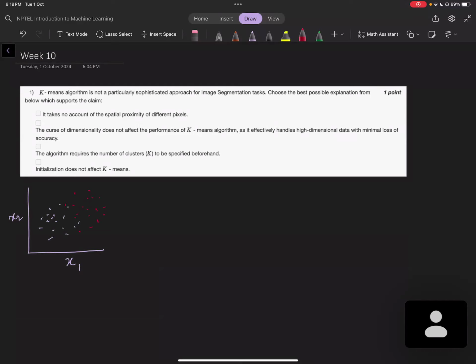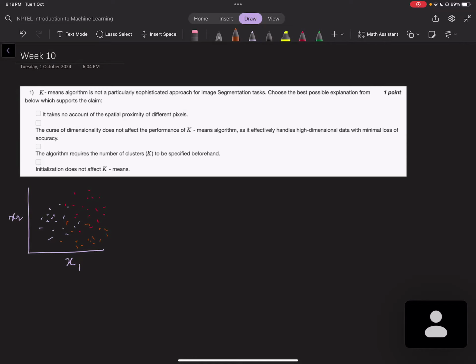These are all x1 and x2 values, and we can plot them like this. What k-means clustering says is that you first have to choose how many clusters there are in this data set, and based on the number of clusters you have chosen, it will give you the clusters as a return.